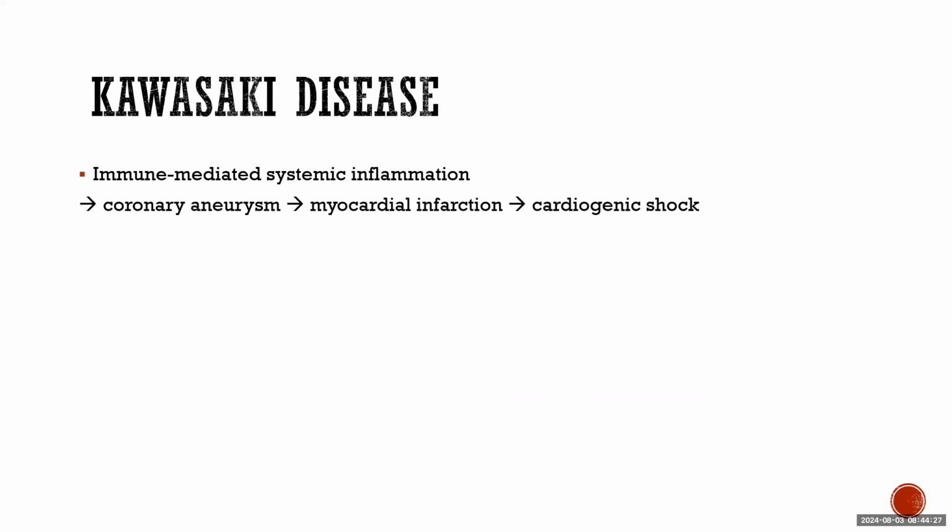And the complication that we really worry about is that it can cause dilatation and aneurysm of the coronary artery, and those can lead to myocardial infarction and can actually lead to cardiogenic shock. That's why we worry. And the mnemonic we learned for Kawasaki disease in the US is CRASH and BURN.